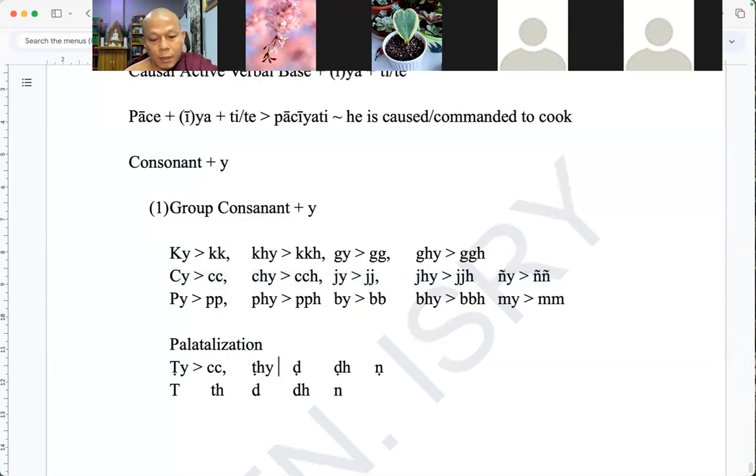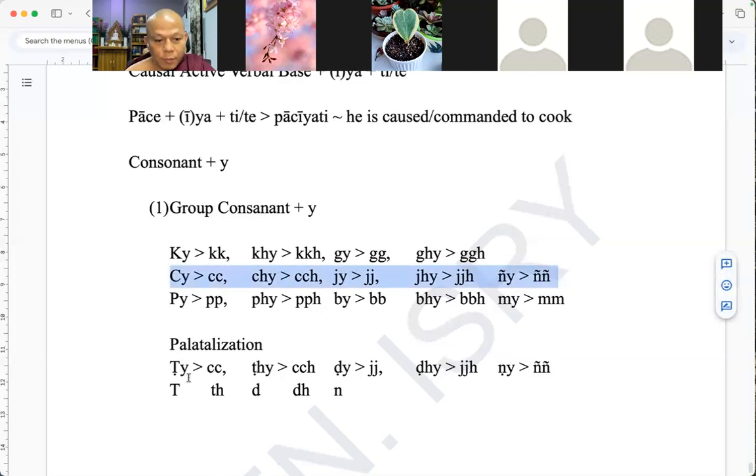And then tha ya also becomes ja cha. Da ya becomes ja ja, and dha ya becomes ja jha. Na ya becomes nya nya. So palatalization is the same as in the palatal group.